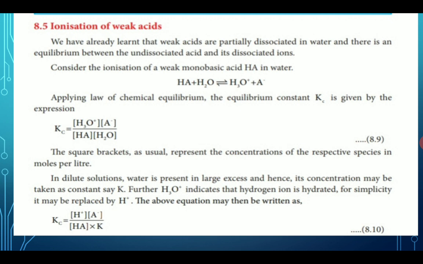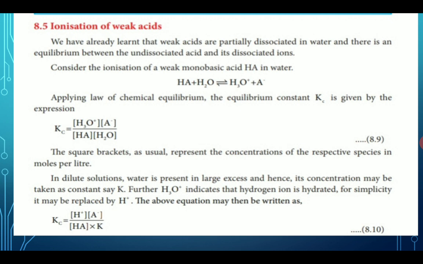Applying the law of chemical equilibrium, the equilibrium constant Kc is given as the concentration of the products divided by the concentrations of the reactants. So if you multiply all those things, say H3O plus concentration into A minus concentration divided by HA into water concentration. So this is what Kc, that is equilibrium constant.